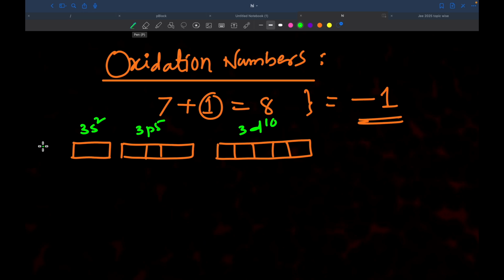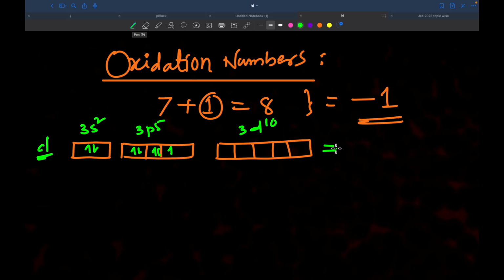We are not talking about fluorine here. We have 2 electrons in the s orbital and 5 electrons in the p orbitals. So 5 means there are 2 pairs of electrons and one is unpaired. In this situation, it has only 1 unpaired electron.